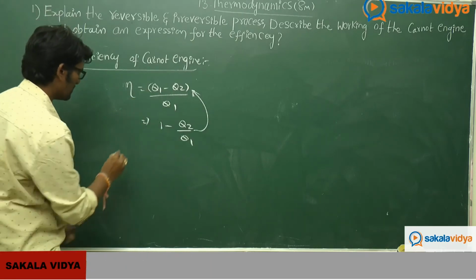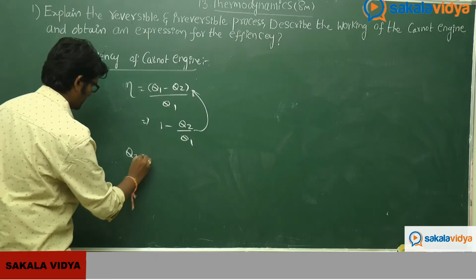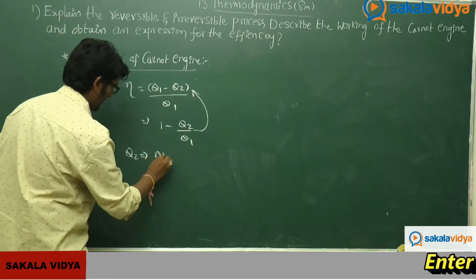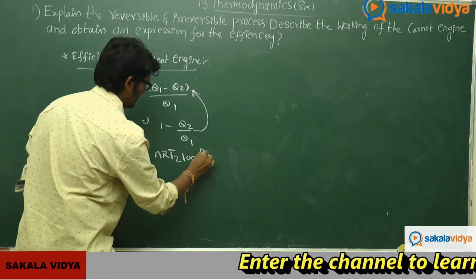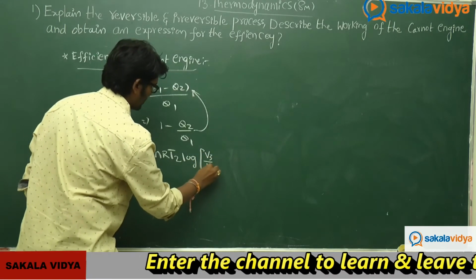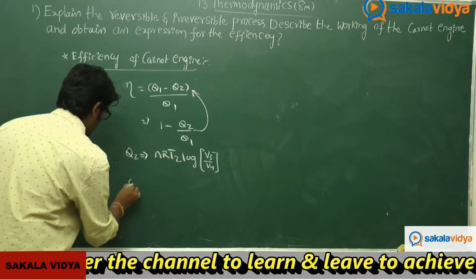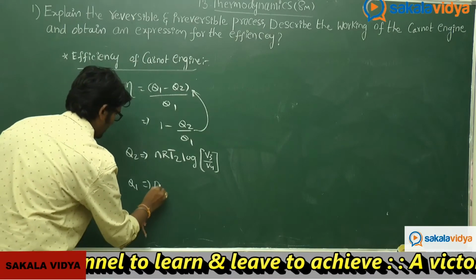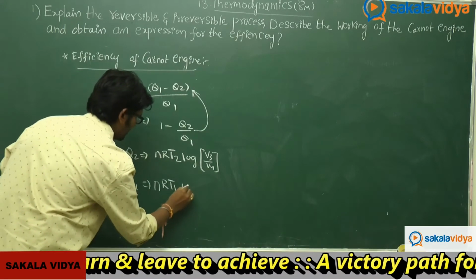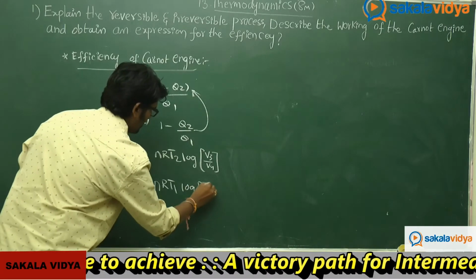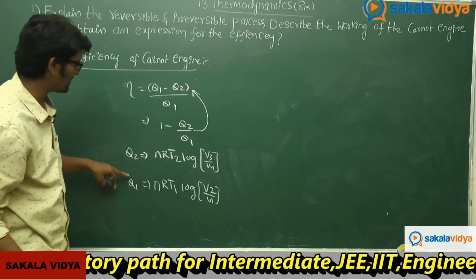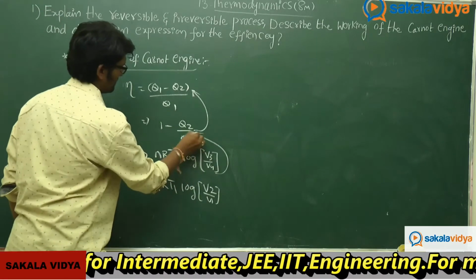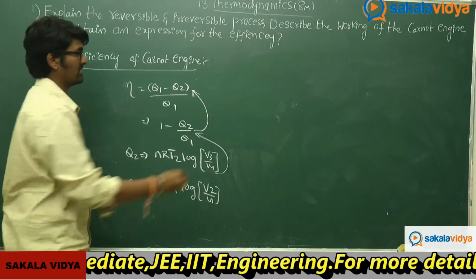So as we know, Q2 is equal to nR T2 log V3 by V4 and Q1 is equal to nR T1 log V2 by V1. So let us substitute these two equations, Q2 and Q1, in this equation. So we are going to get the efficiency.